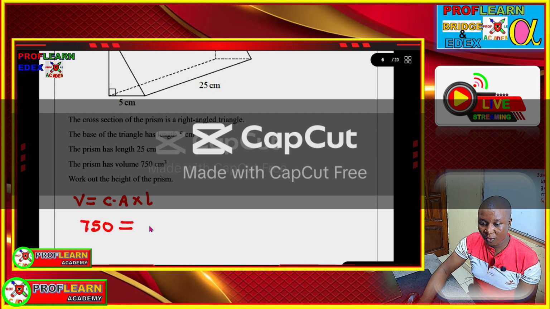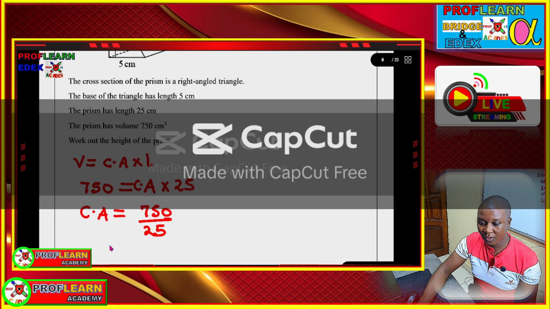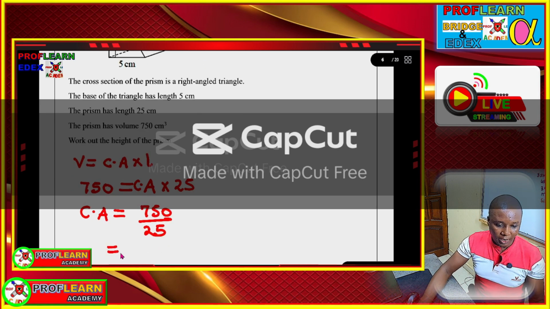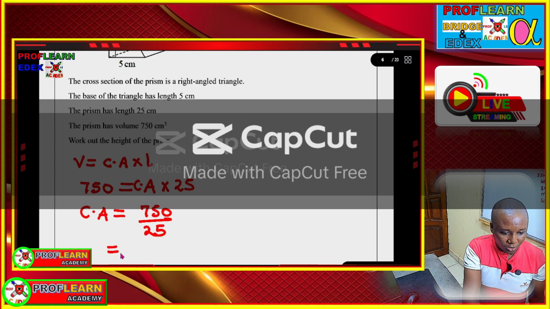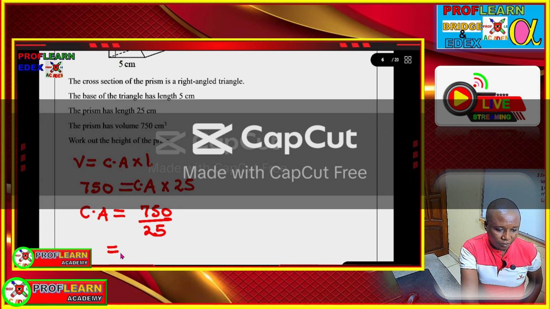Because we are given the volume as 750, we are looking for the cross-section area, but the length is 25. So which means we are going to say cross-section area will be 750 divided by what? 25. And if we work it out using our calculator, what are we going to get in that case?